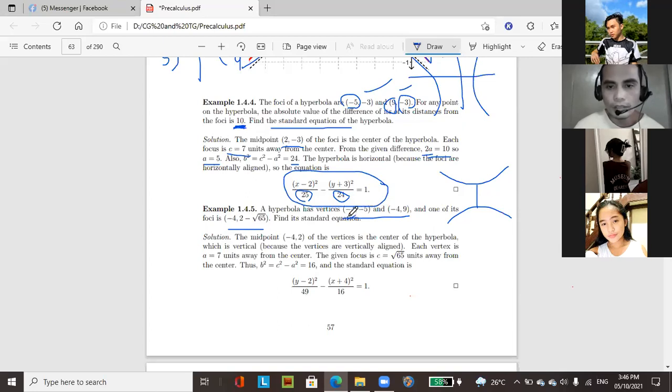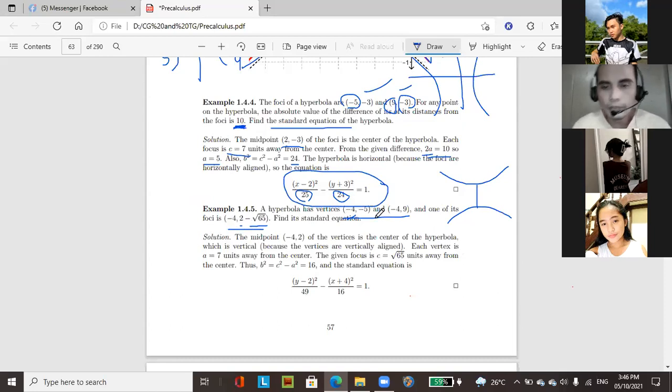You can see the x is constant while the y varies, so the transverse axis is vertical. Then you have 2 and minus, so this must be F1.